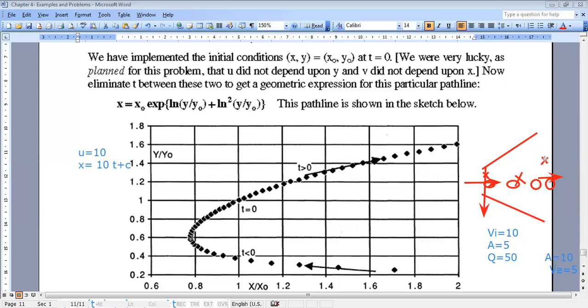This is why, for the total derivative, the acceleration is divided into two components: acceleration with time and acceleration with space. When I have steady flow, I have no acceleration with time, but I do have acceleration with space, because as the particle moves, its velocity changes. So I have acceleration in space in this problem. I am talking about acceleration in space in the domain, and velocity variation in time for the particle.